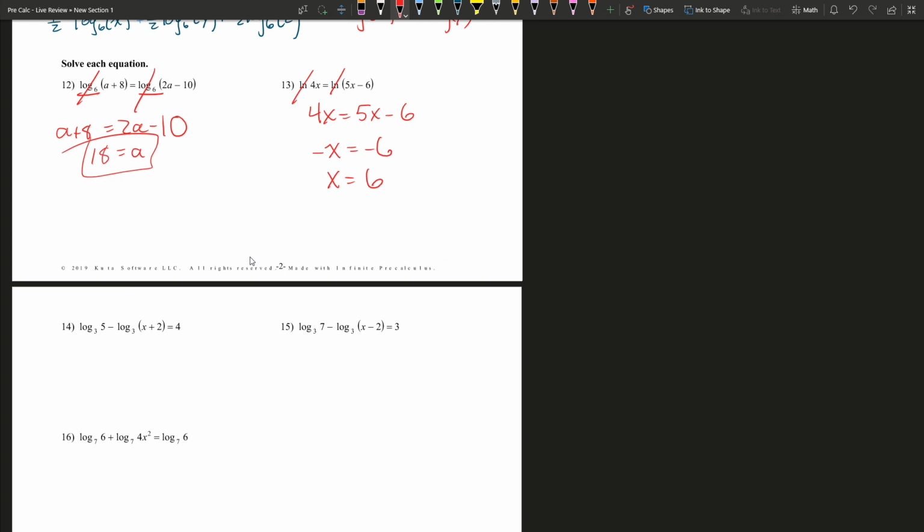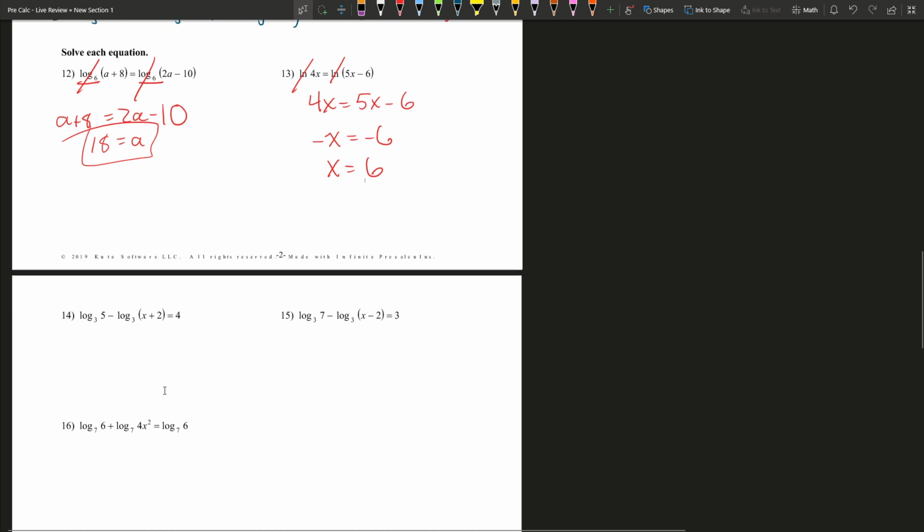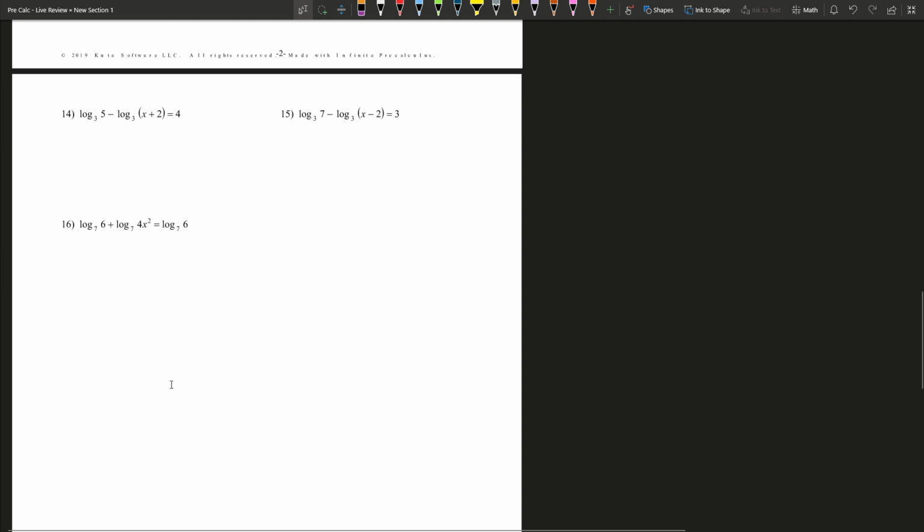The next 3 require both the one-to-one property and the product, quotient, and power property. Really, in this case, just the quotient and power and product property. Okay, so number 14. The first thing you have to do is condense the left-hand side.